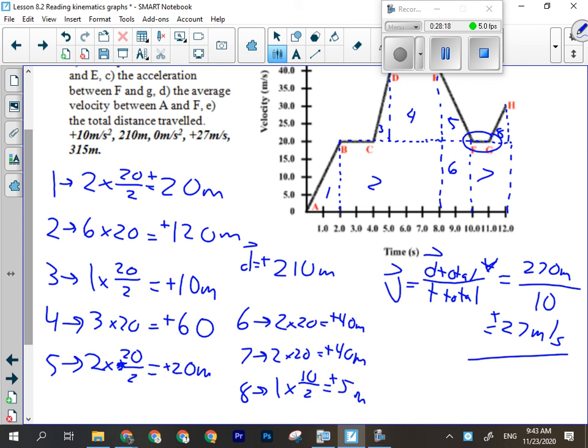We said 310 plus another 5 is 315 meters. If we add all of this stuff up, we're going to have a total distance of 315 meters.